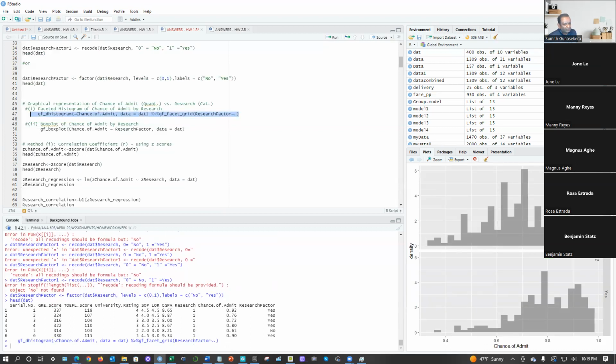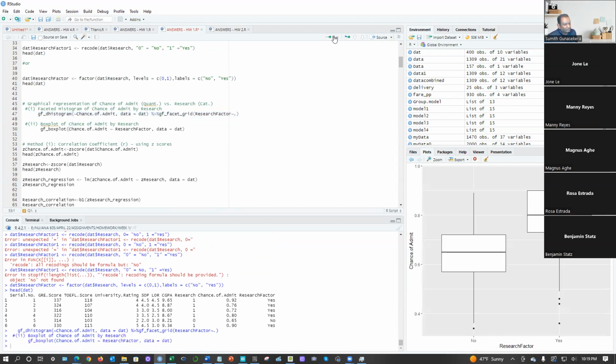In the yes, no group, if they have research experience, is there a high chance for them to be admitted to that program? Chance of admit is no here. This one has a high average, or box plot. High chance if you have done research previously.